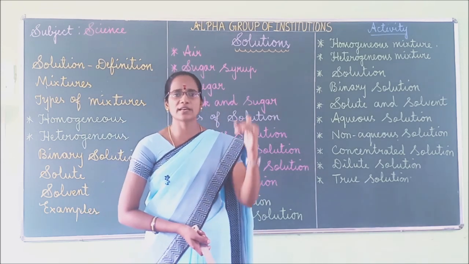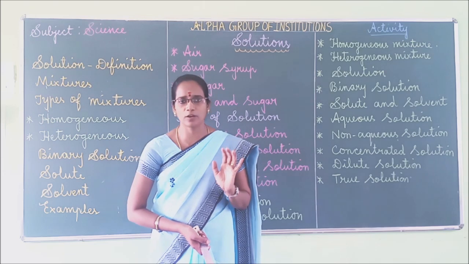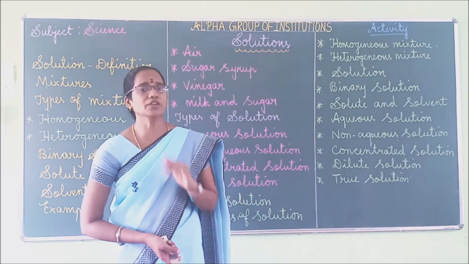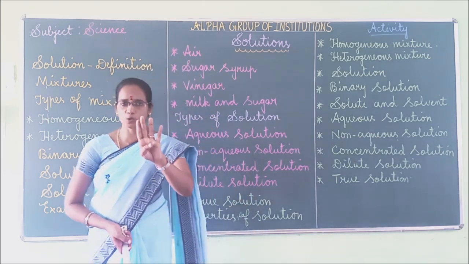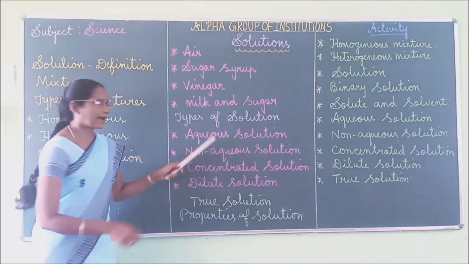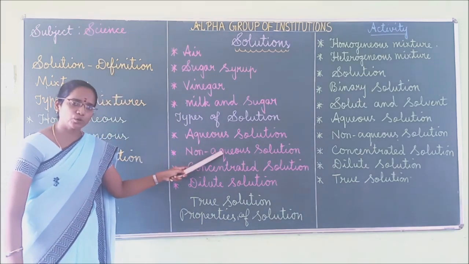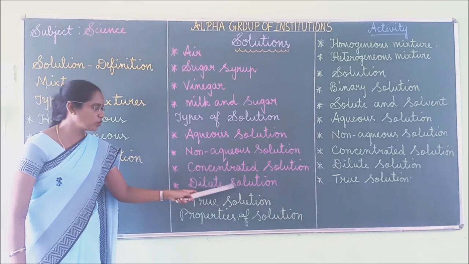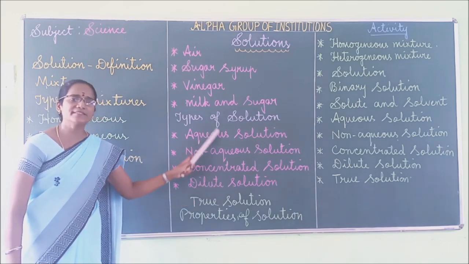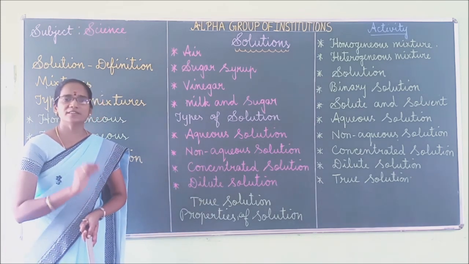When you go to higher classes, you will learn about this in detail. In this session we are going to discuss four solutions: the aqueous solution, non-aqueous solution, concentrated solution, and dilute solution. These things we are going to discuss now.